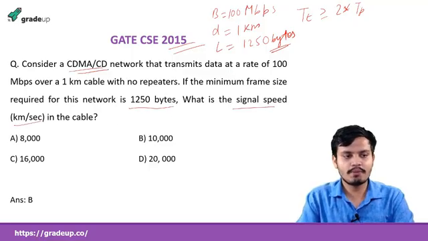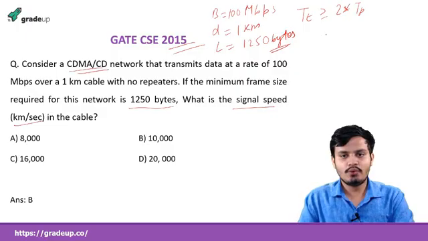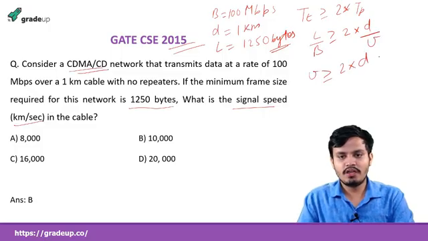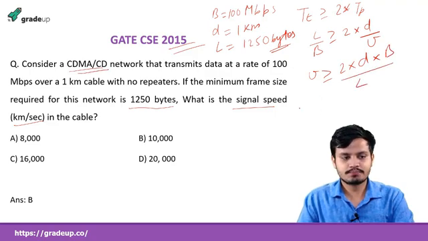In kilometer per second. So if we do that here, L by B should be greater than twice D upon V, so V should be greater than 2D into B upon L. It should be like this. And if we solve it, what is D?